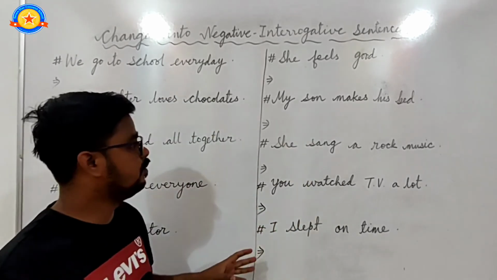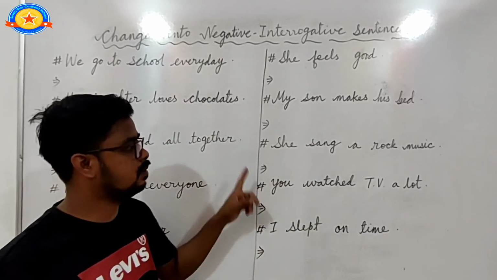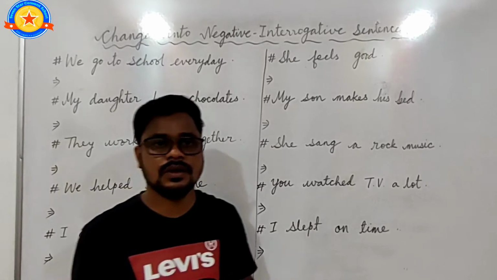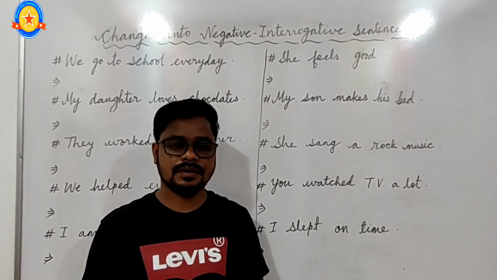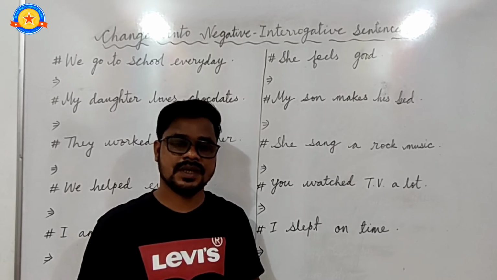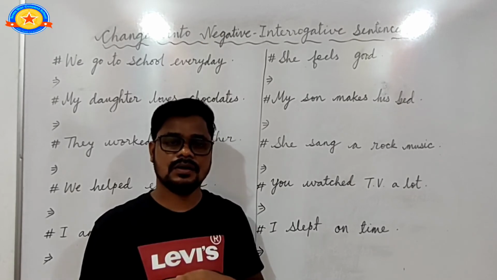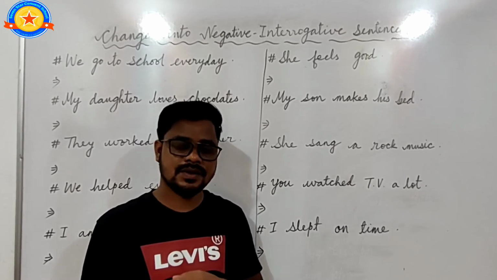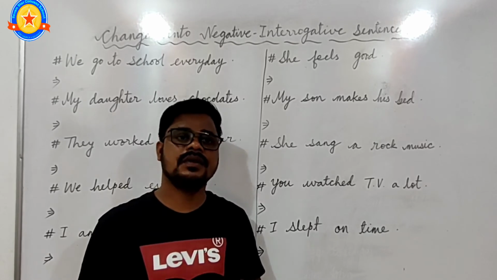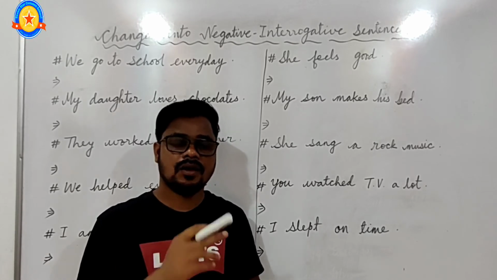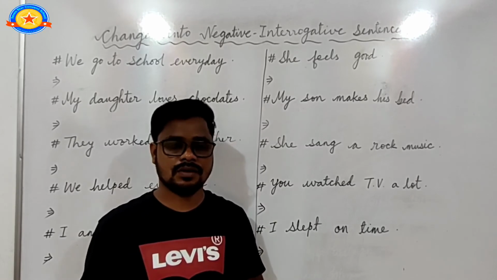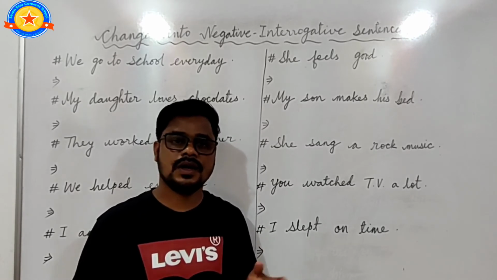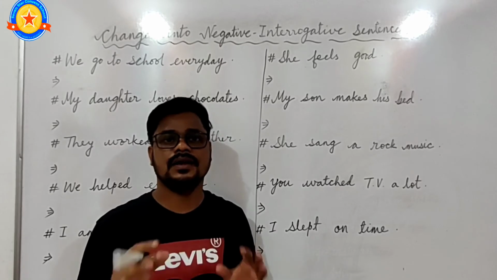Here I have given simple present and simple past sentences. First we write the be verb, after the be verb the subject, and after the subject we add not. After not the main verb is written, after the main verb there will be an object, and after the object there will be a question mark. We have to change into one sentence both negative and interrogative.